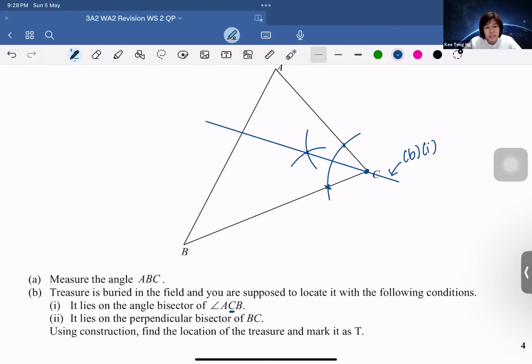Next it says lies on the perpendicular bisector of BC. If I want the perpendicular bisector of BC, I need to open up my compass more than half of BC. I put the sharp point at B. Let me think, how am I going to draw this?